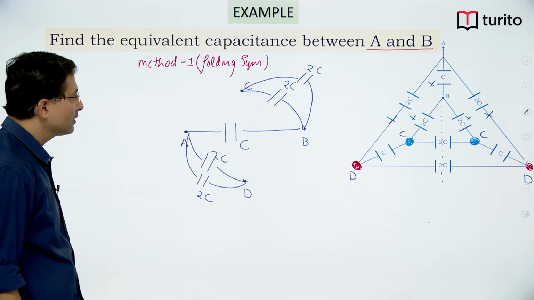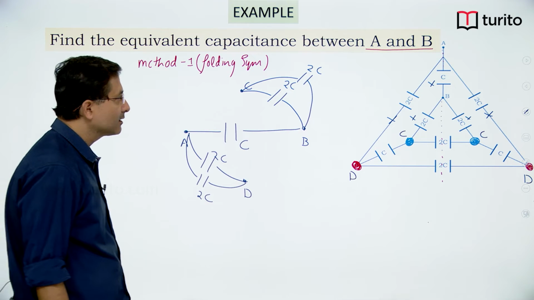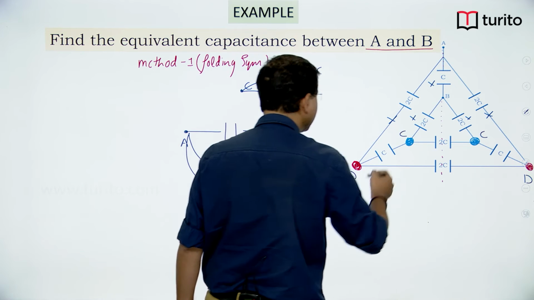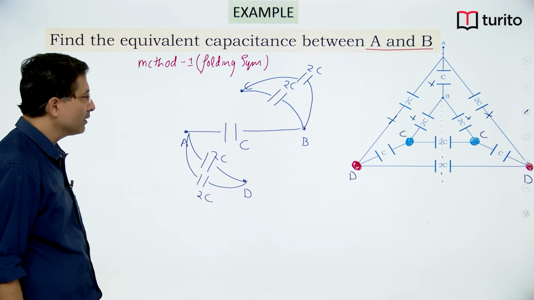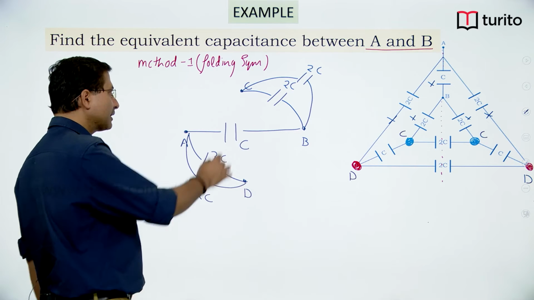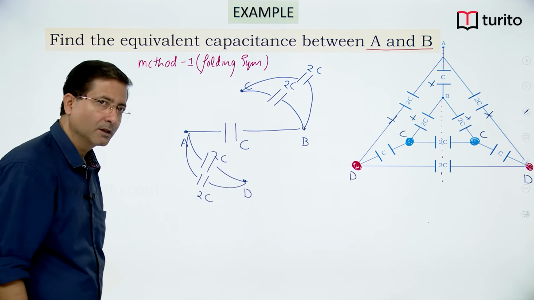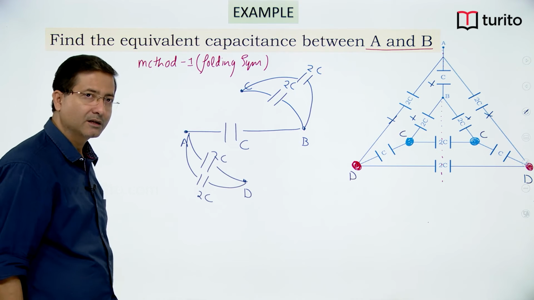Okay, and then between C and D, there are two capacitors. Now you can see the problem I was telling about: if I connect something in between these two, then they will overlap, right. So when you start seeing any overlap, again redraw the circuit.